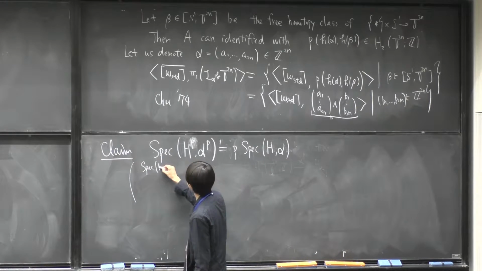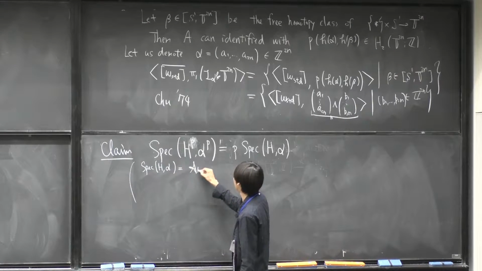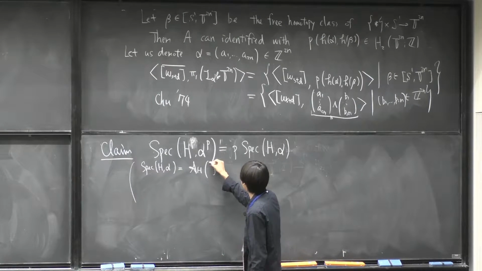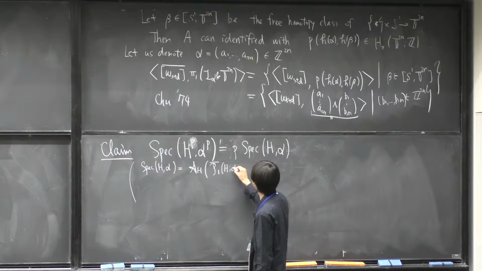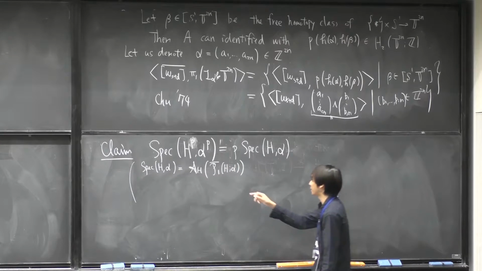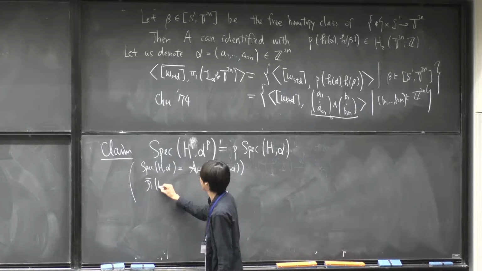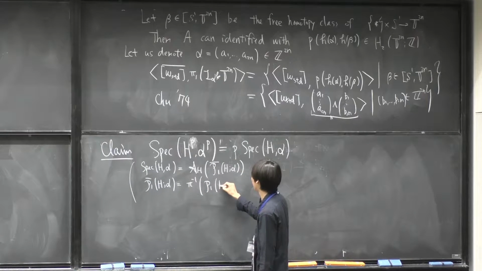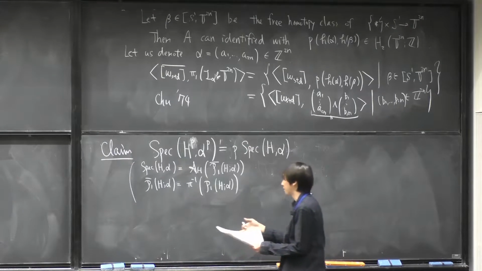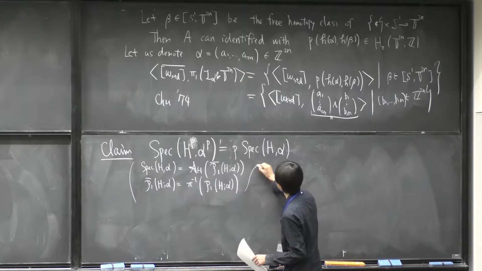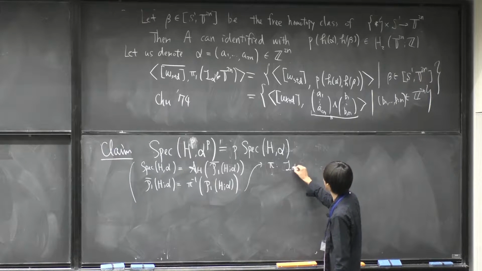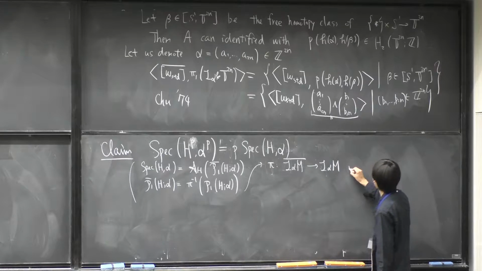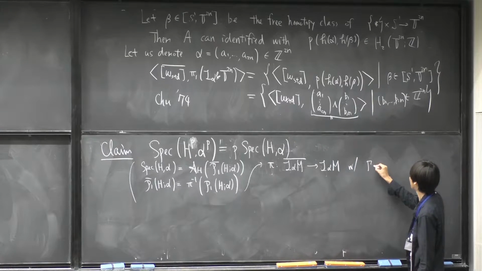The action spectrum is the set of critical values of the action function, and P1 bar is some lift of one periodic orbits, and pi is the covering projection whose structure group is this.